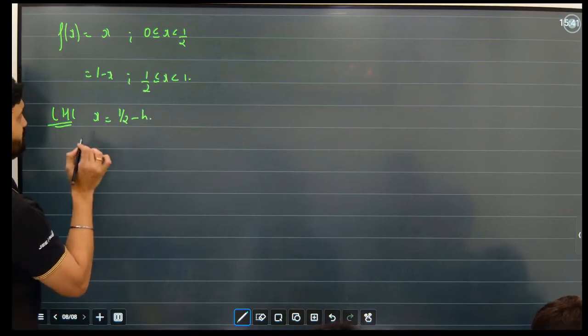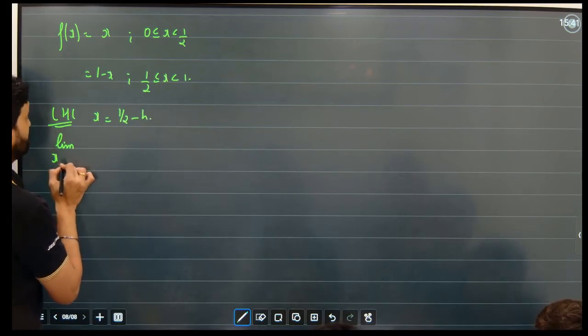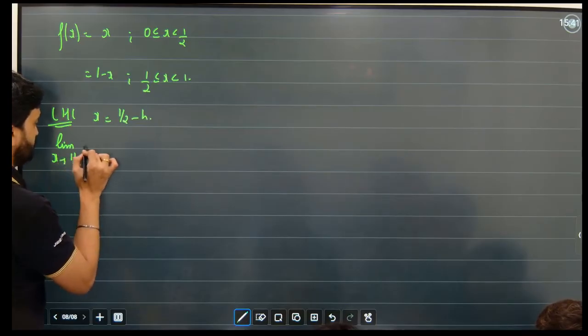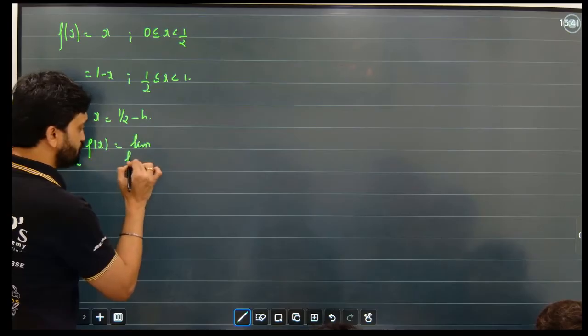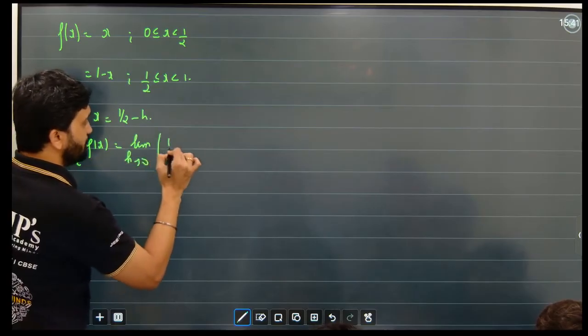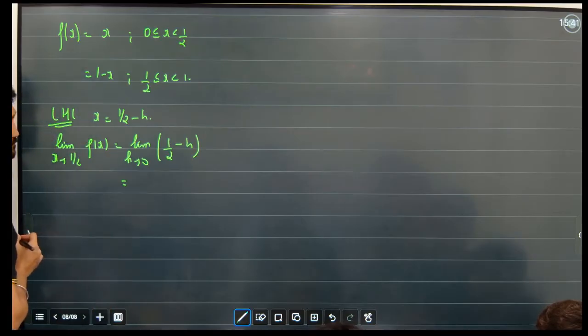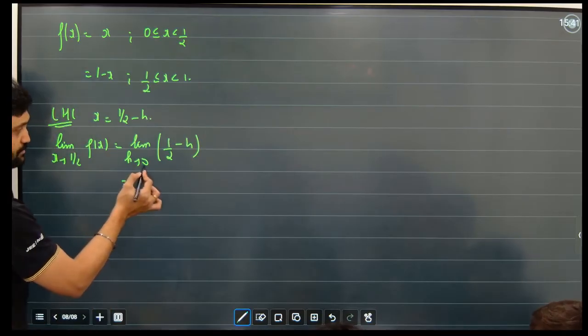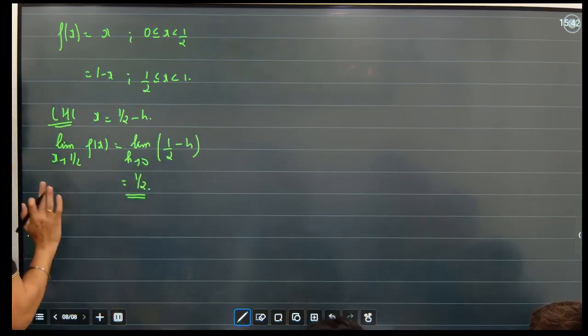Okay, h का method से, so this will become limit x tends to half f of x, which will become limit h tends to 0 half minus h. Guys, what is the value of h? What is the value of h? So what is the answer that I get? Half. My answer is half.